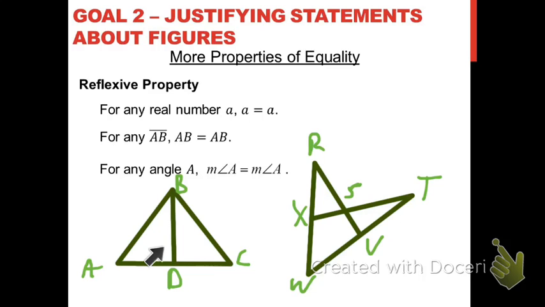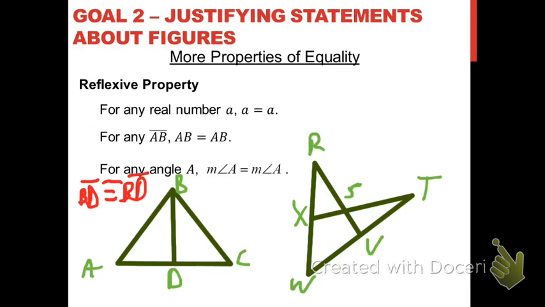And in a situation like this, where a segment is shared by this triangle and this triangle, it's often useful to use the reflexive property to simply say that segment BD is congruent to segment BD, because that distance from B to D is going to be the same in this triangle as it will in this triangle, right? So that segment has to be congruent to itself. That's the reflexive property with segment lengths.